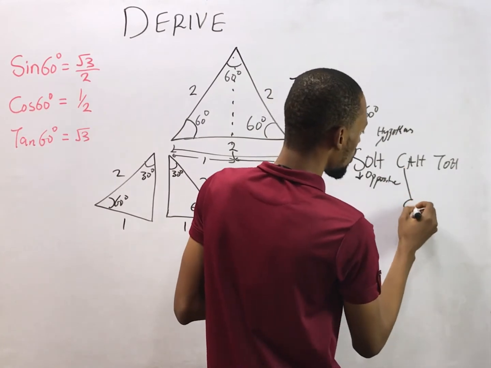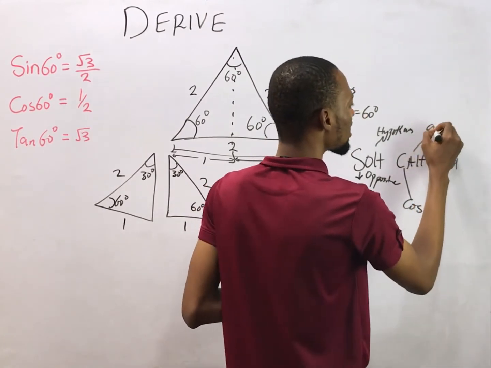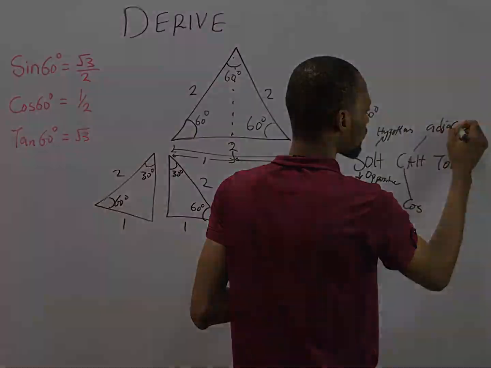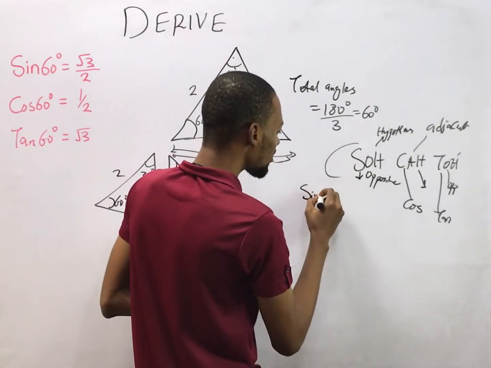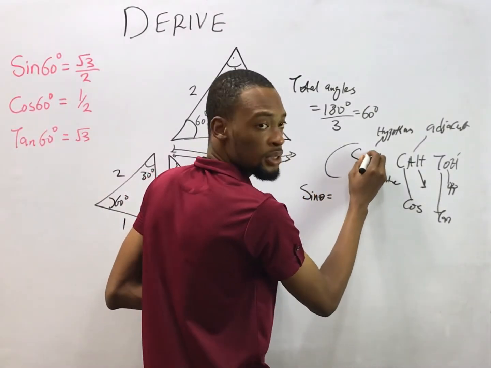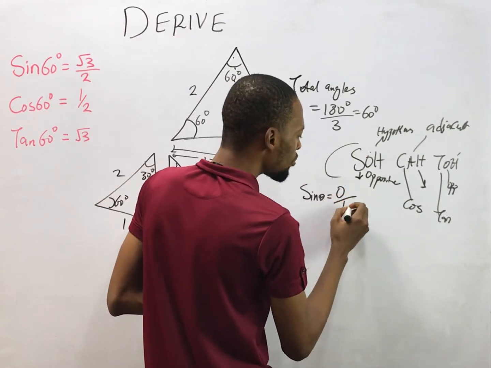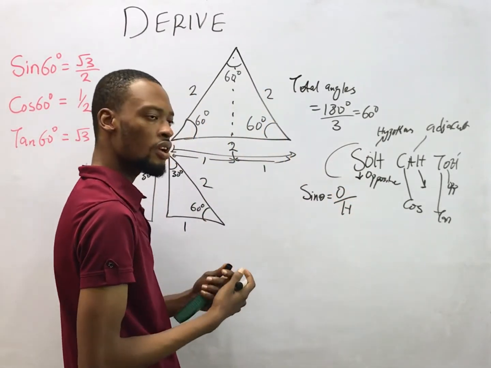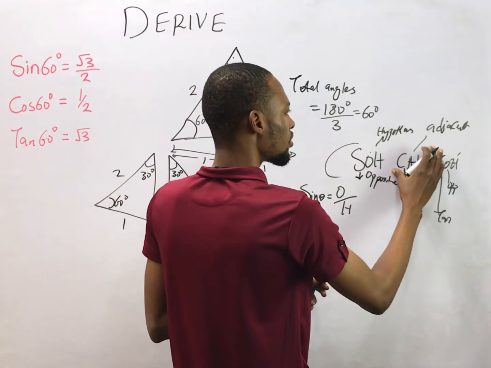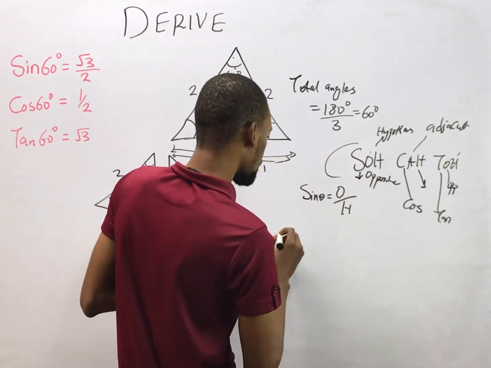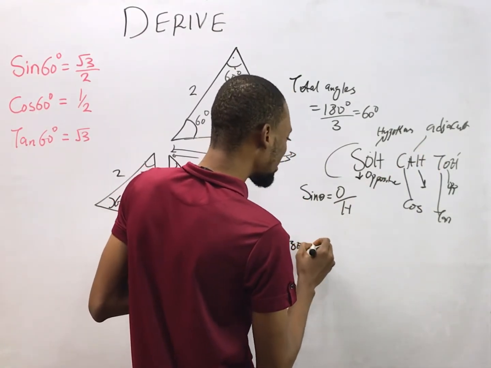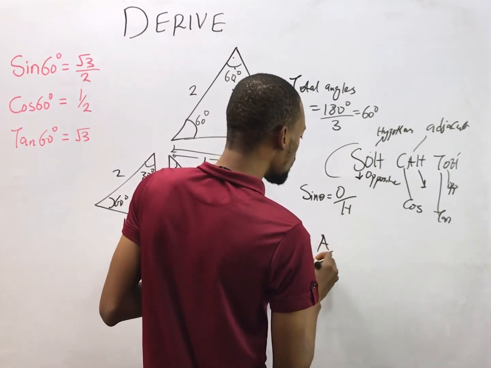So this represents cos, this represents adjacent. Sine theta is equal to opposite, O, over hypotenuse. From the same SOHCAHTOA, CAH, cos theta is equal to A over H.